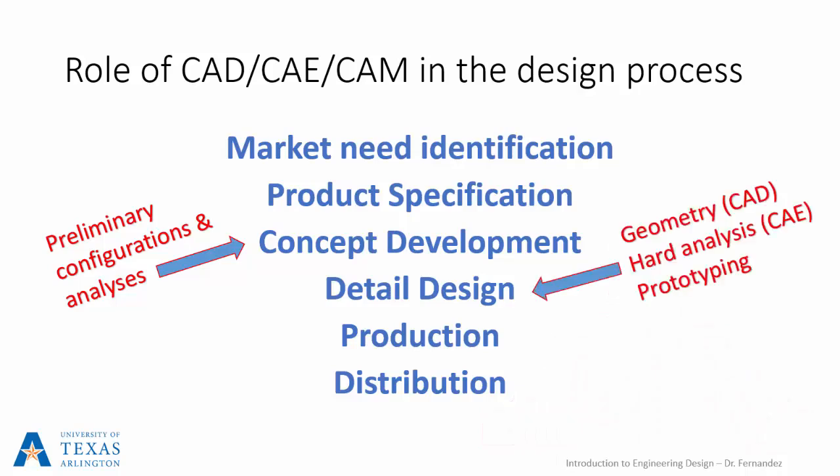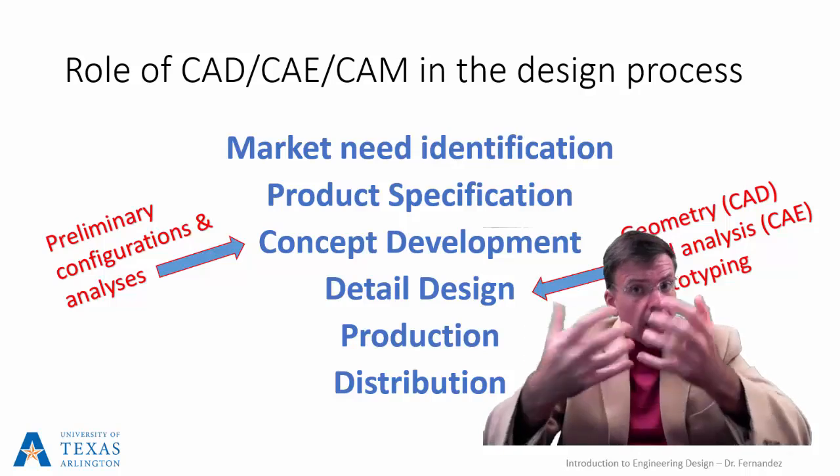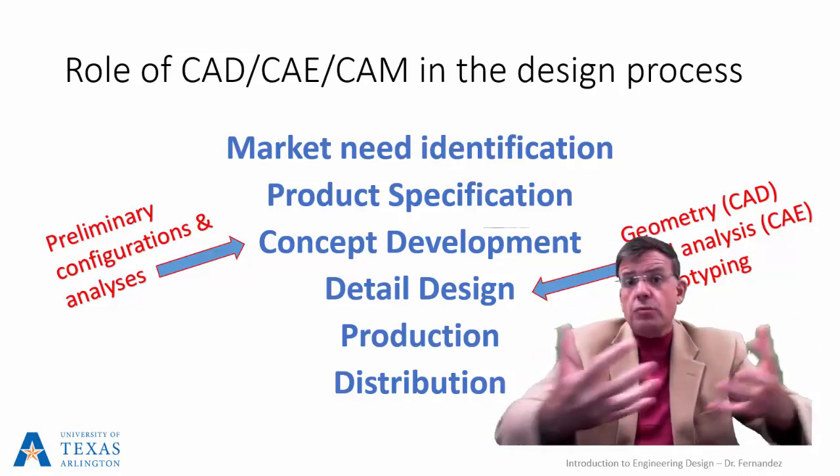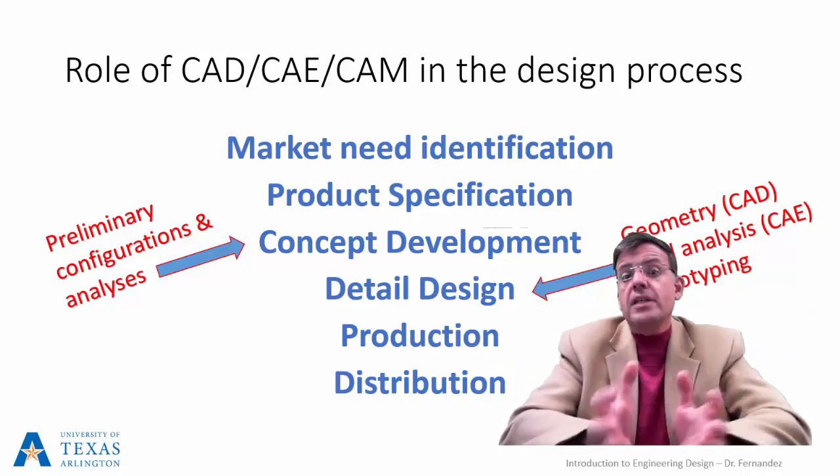Okay. Now, as we get into detailed designing, that is squarely the area of CAD, generating all the detailed geometries. Okay, then we'll also apply what I call hard analysis, and hard there just means in-depth analysis, and that is again the realm of CAE. Although again, the software that I just introduced, these capabilities really are under the same umbrella.